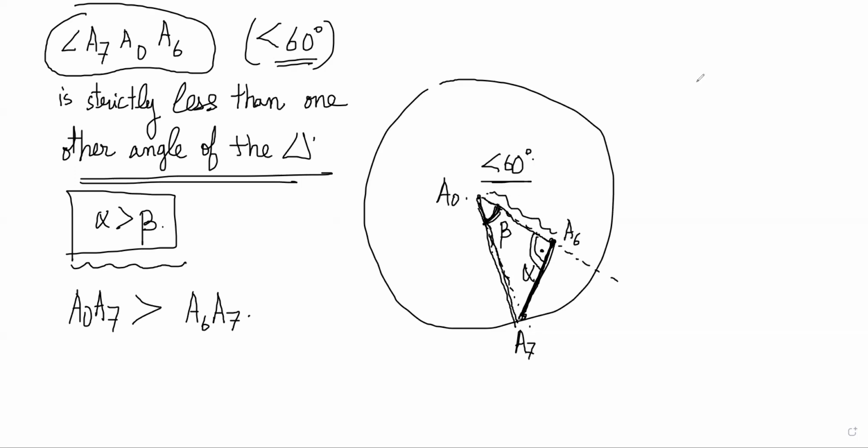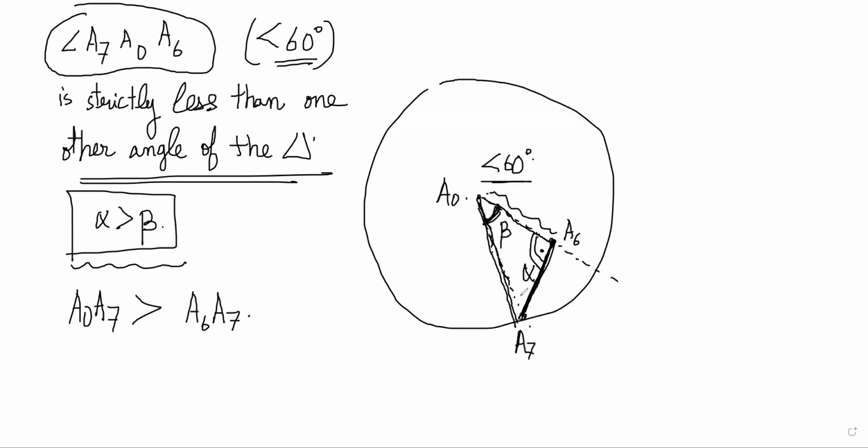We know from triangles that a bigger angle subtends a bigger side opposite to it, right? So since our angle here is less than one other angle of the triangle, the side opposite to it is also going to be less than one other side of the triangle, right?